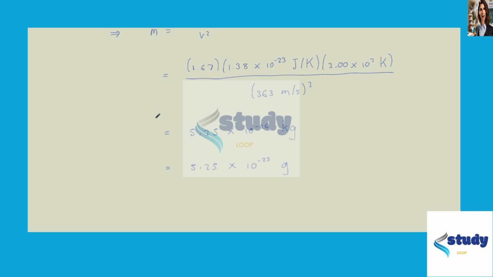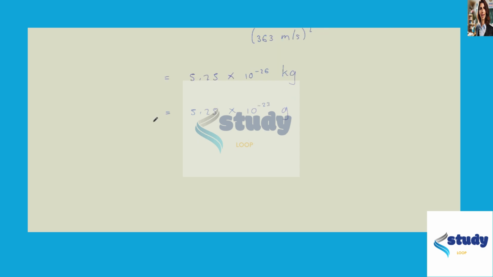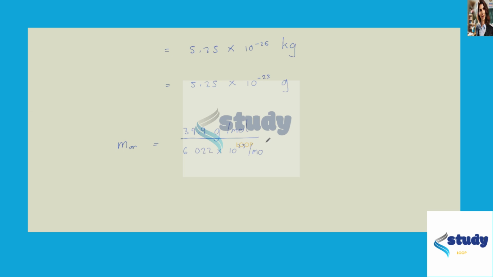Now we need to determine the fraction of the gas that is argon and the fraction that is neon. So let's first find the mass of each molecule. Now the mass of argon is equal to the molar mass, 39.9 grams per mole, divided by Avogadro's number, which is 6.022 times 10 to the power 23 per mole.